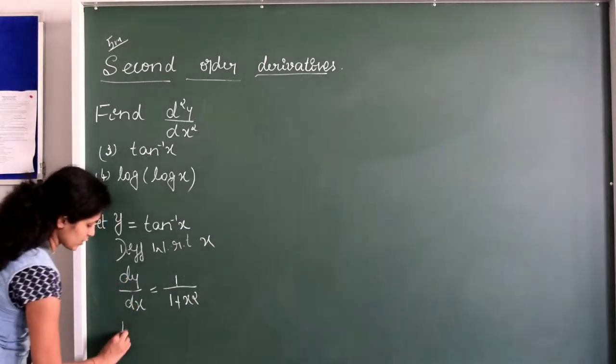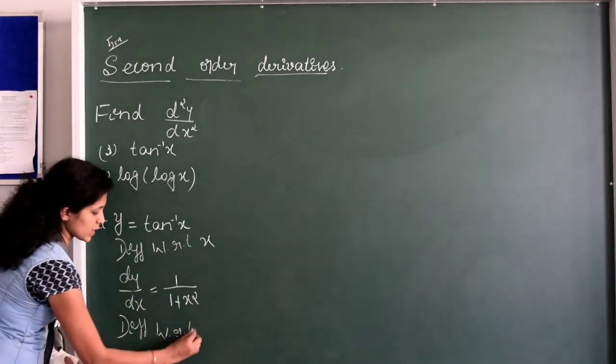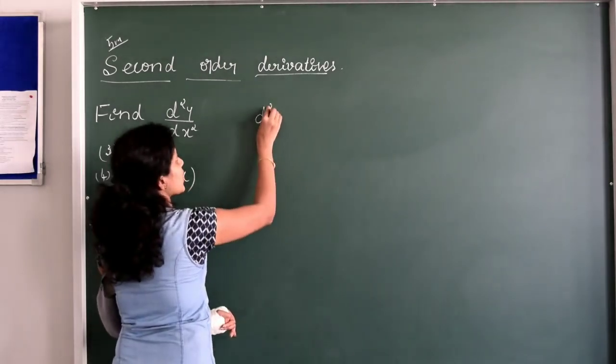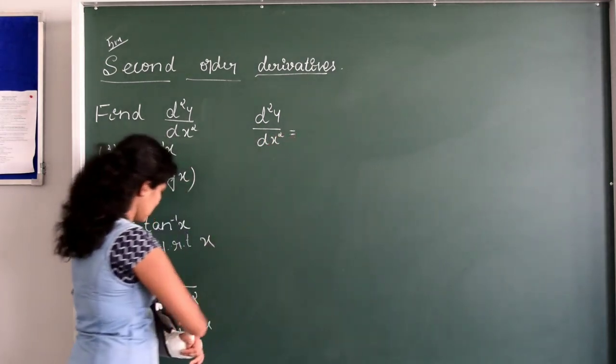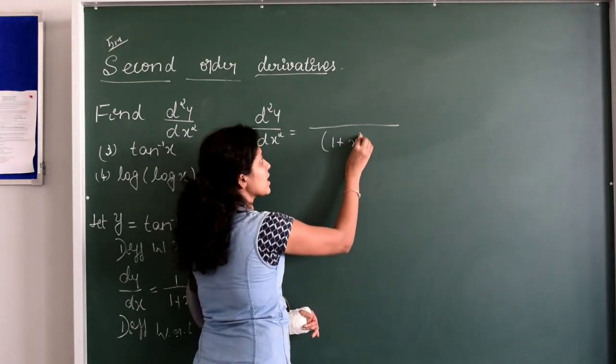So here we are differentiating the function with respect to x. The derivative of dy by dx will be d square y by dx square. To apply the quotient rule, we will take the denominator whole square, that is 1 plus x square whole square.